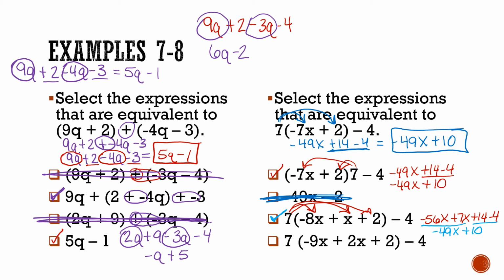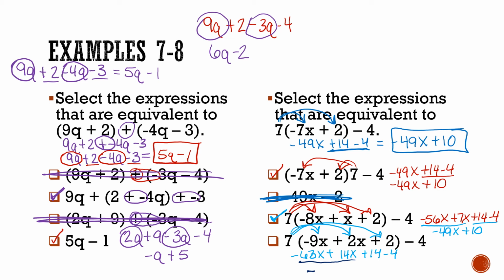In this last one, we will distribute the 7. So 7 times negative 9x is negative 63x. Plus 7 times 2x is 14x. And 7 times 2 is 14. And then we still have the minus 4 to bring down. So this time our like terms are negative 63 plus 14x. So you have more negative.